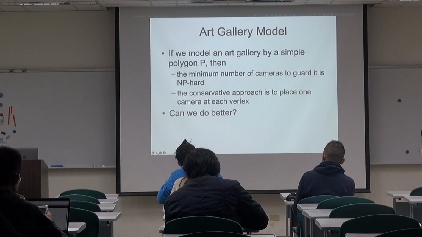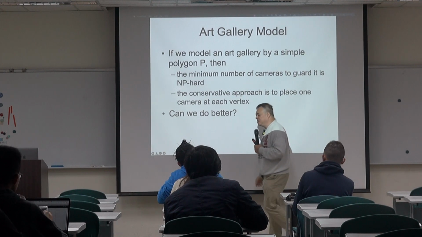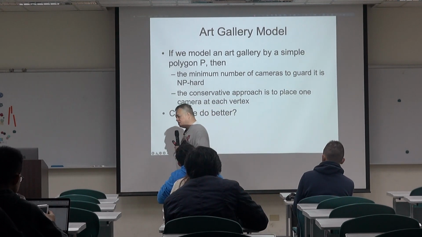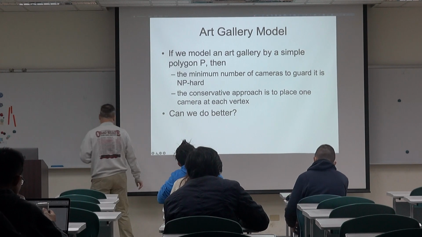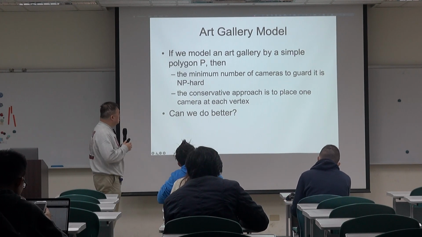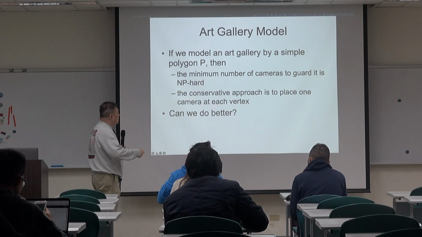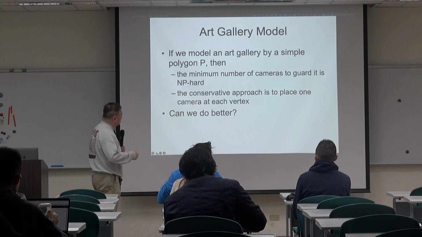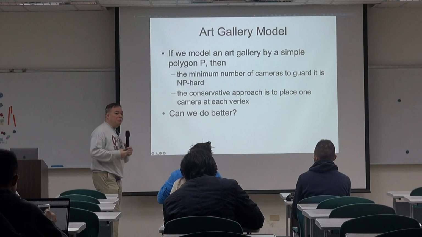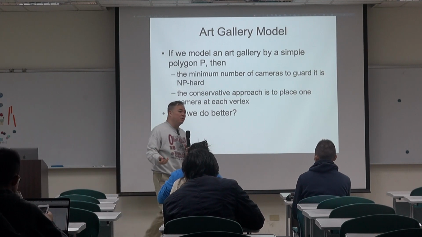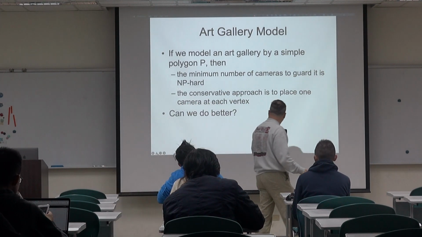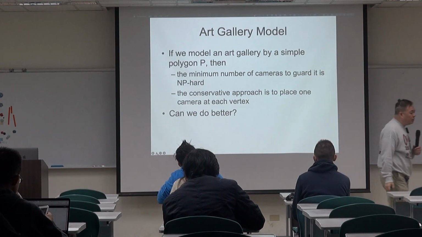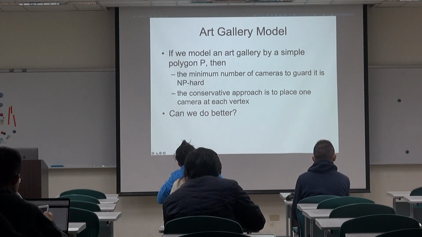So let's say our simple polygon has n vertices. Then that means at most n cameras will be enough, right? But our question is, can we do better?